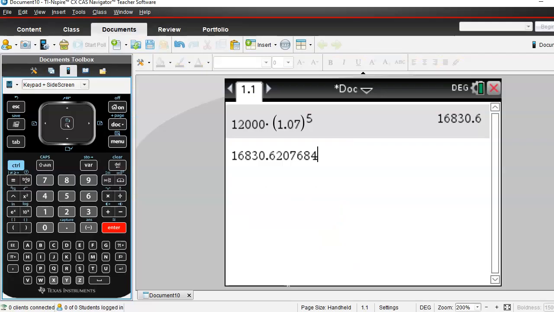So how much compound interest have they earned? Well, they've ended up with $16,830.62. They started with 12,000. So I'll just go take away 12,000. So they earned over 5 years $4,830.62.